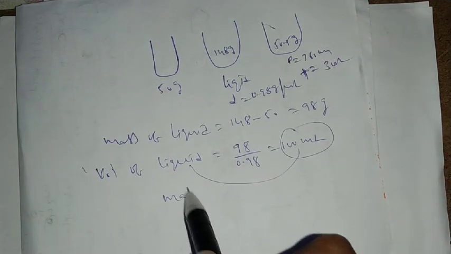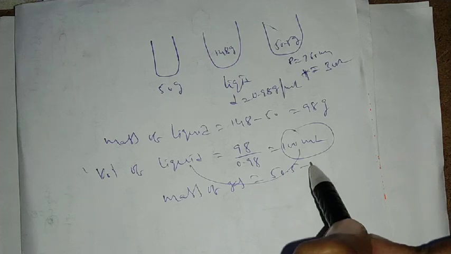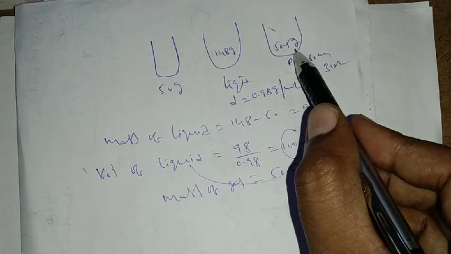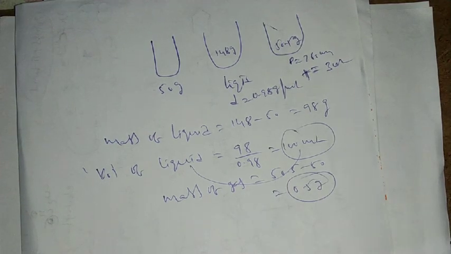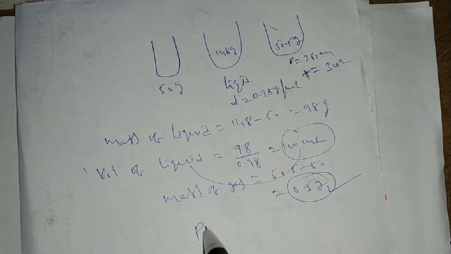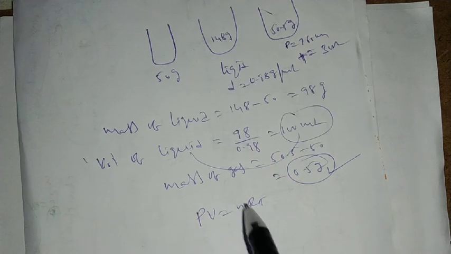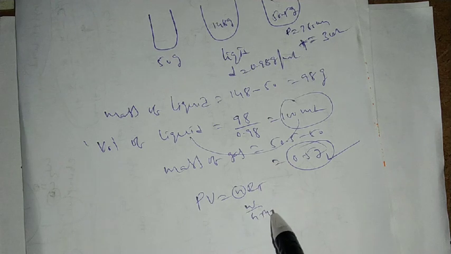Then mass of the gas is equal to 50.5 minus 50. 50.5 is already given. This vessel is already 50. That is, you will get 0.5 grams. See there, mass you got, temperature already given, pressure already given, volume you already got. Then from the PV equal to nRT formula, n is nothing but weight by gram molecular weight.